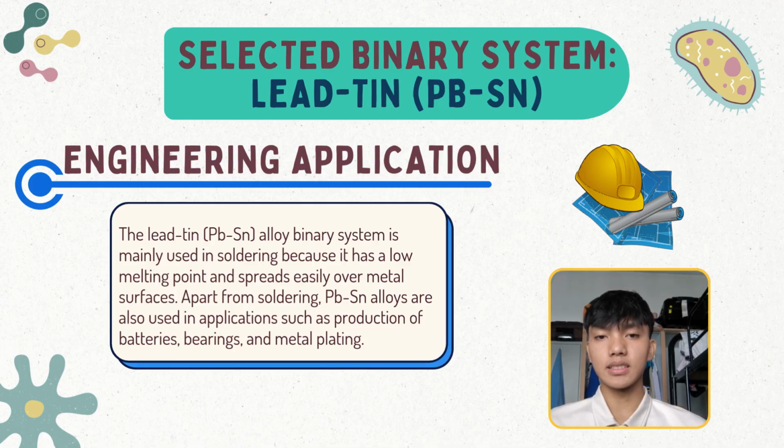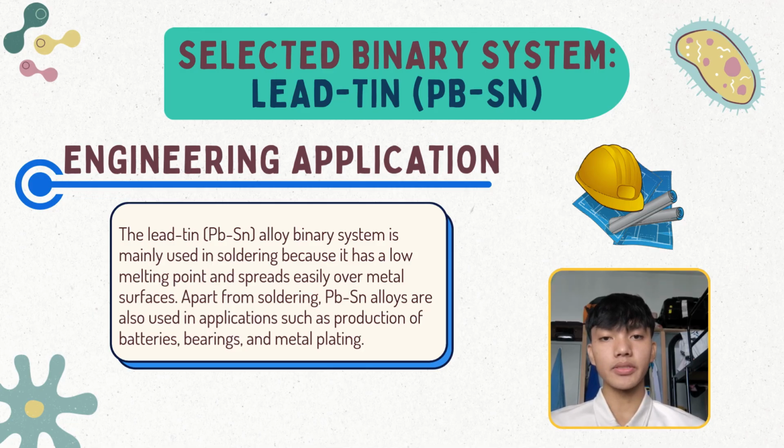The Pb-Sn system is especially important because of its simple eutectic behavior and extensive industrial use. Regarding the importance of the lead-tin binary system, it is widely studied because it has a low eutectic melting temperature of 183 degrees Celsius.